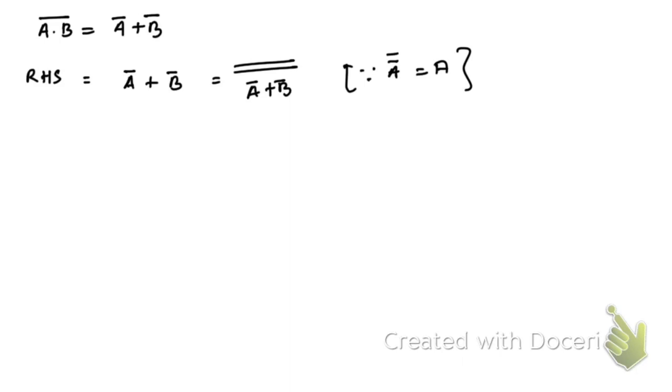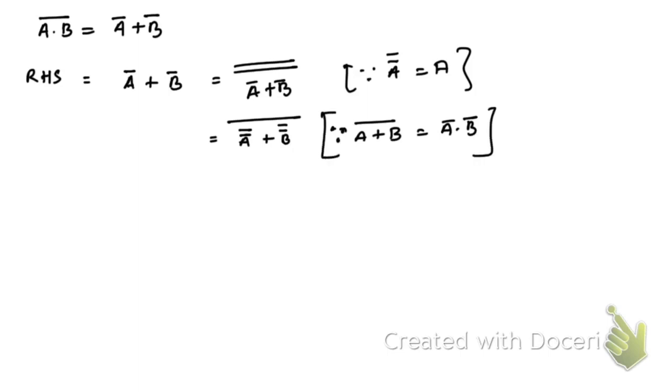And we have already got in the first De Morgan's theorem that complement of A plus B is A complement dot B complement. Now consider this complement A as A now and complement B as B now. Then applying this, we're going to have complement of complement A plus complement of complement B. This is the first De Morgan's theorem.